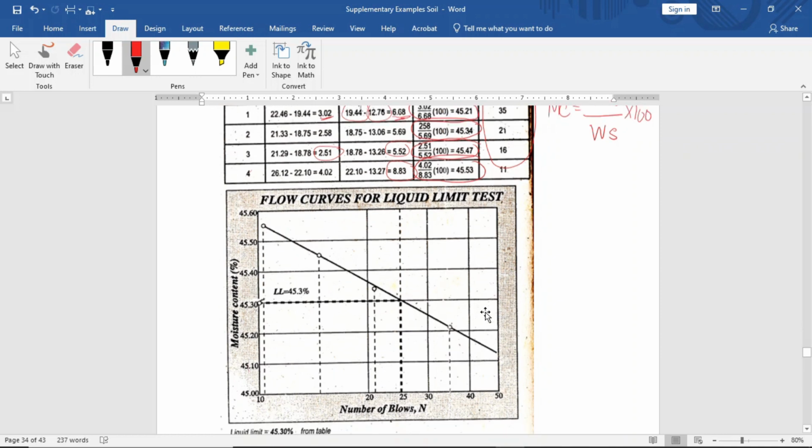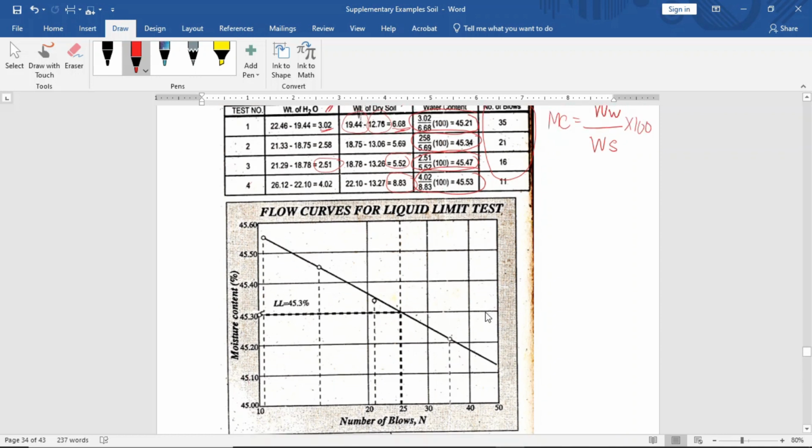So, simulan natin sa test 1. So, 35 ang number of blows. Hanapin natin ang 45.21. So, yung graph natin, mag-iba yan. Mag-base yan sa given, sa na-solve natin. Diba kanina parang 10, 20 ba?